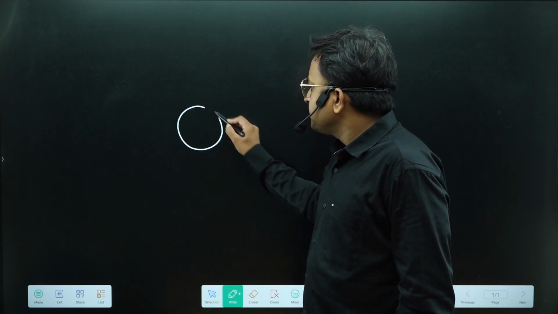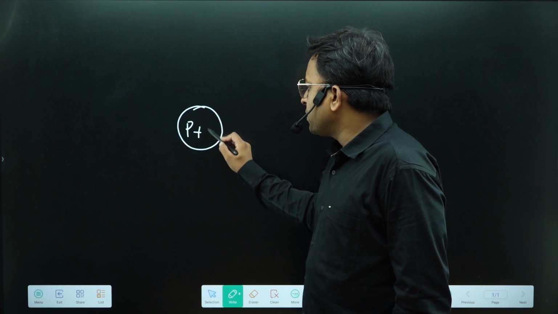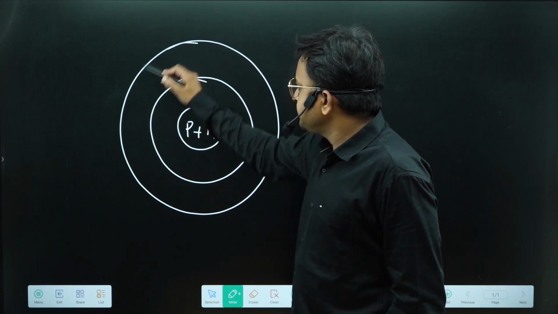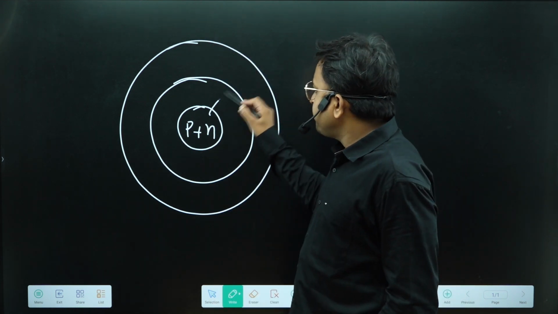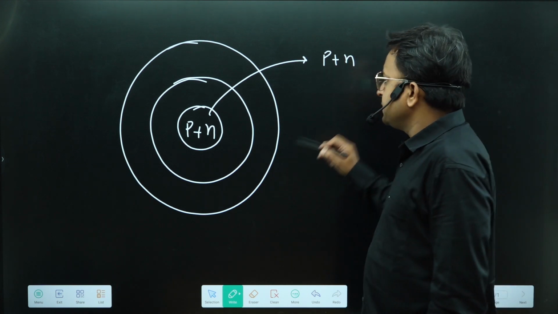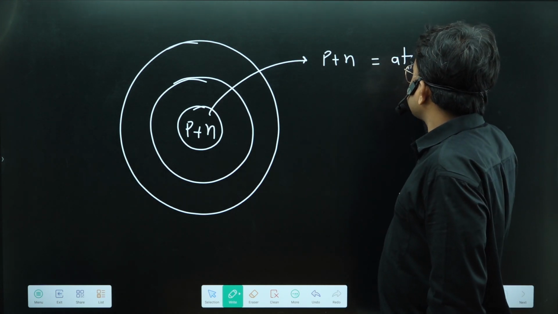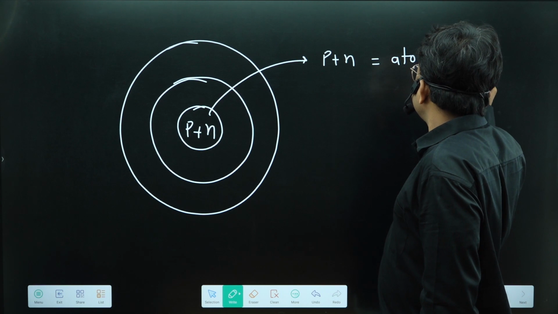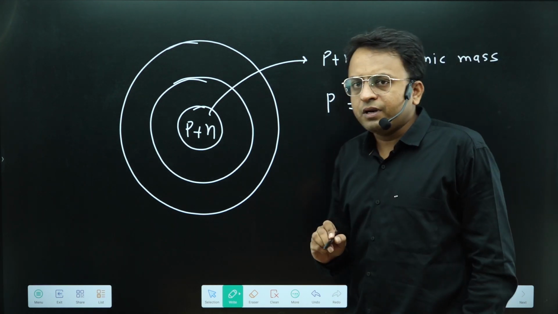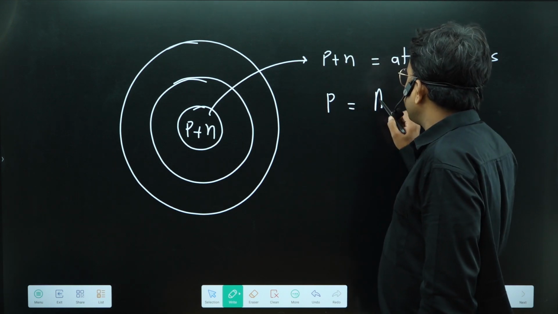In an atom, proton and neutron are present in the nucleus, and electron revolves around it. The sum of proton and neutron present in the nucleus of an atom is called atomic mass, and the number of protons present in the nucleus of an atom is called atomic number.